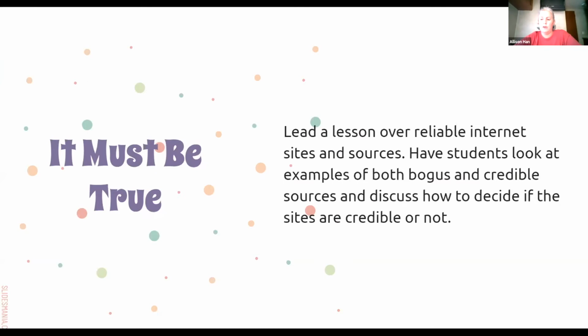Do your students know how to use various digital technologies, how to assess the legitimacy of web resources, having them study examples of both bogus and reliable sources, and then discuss how they're credible or not with that one.